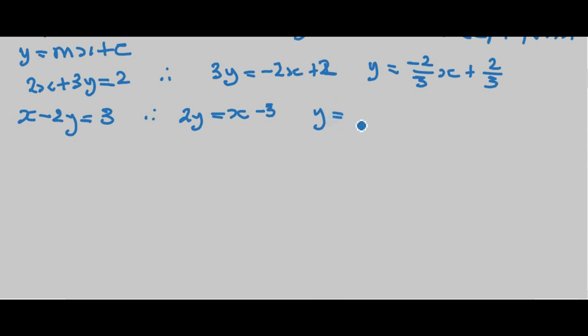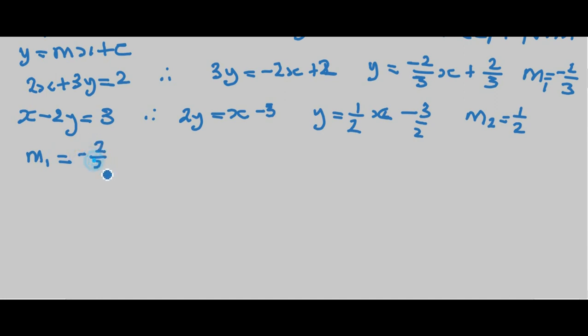Our equation in the gradient intercept form for the second equation is y equals 1 over 2 x minus 3 over 2. Now our m1 is minus 2 over 3. Our m2 is 1 over 2.